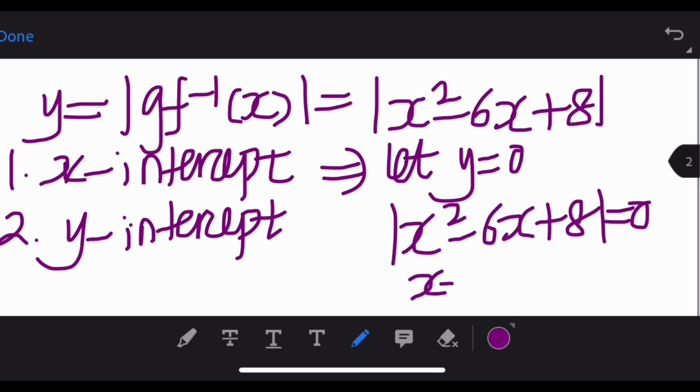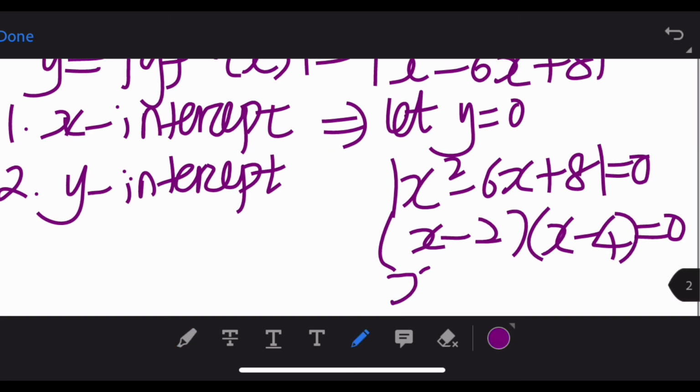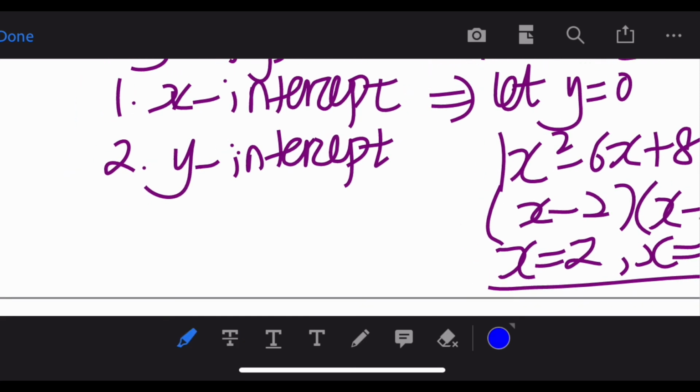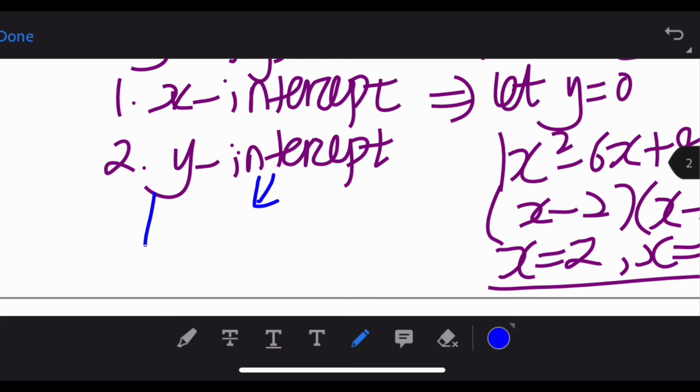If I take out the modulus, I don't have two values because it's 0. So I just use a calculator, or you can factorize. Your x has two values: one is 2, one is 4. You have 2 x-intercepts. Then to find the y-intercept, you must let x be 0. The y-intercept is easy.